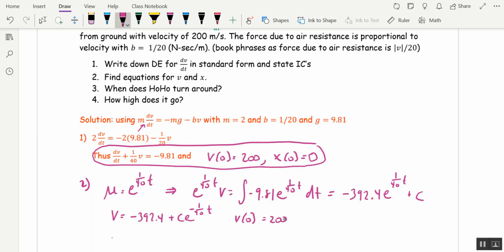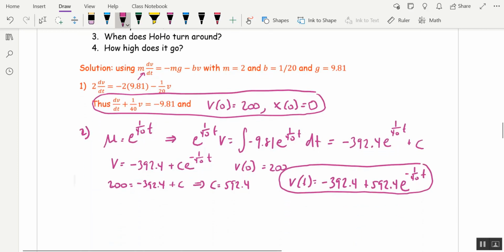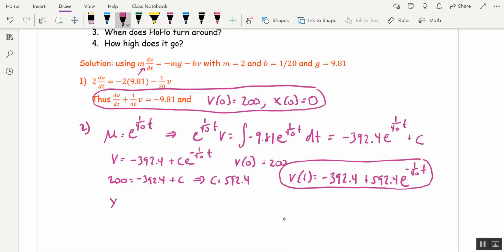We get 200 equals negative 392.4 plus c. So c is 592.4. So our v(t) is negative 392.4 plus 592.4 e^(-t/40). That's my v, and my x(t) is the integral of that.